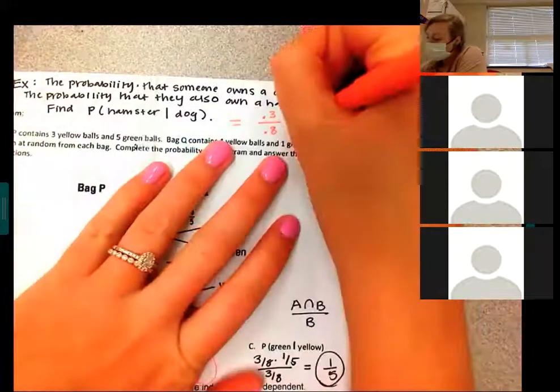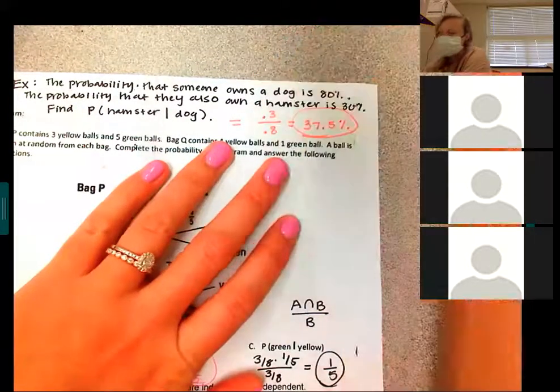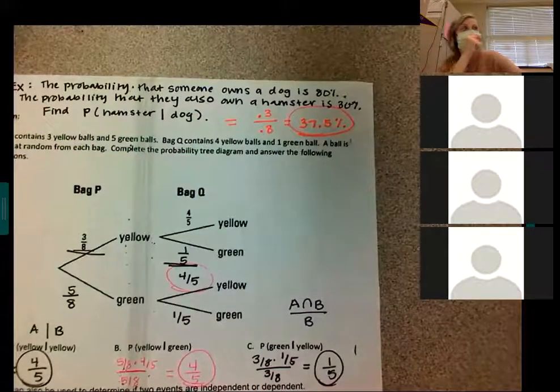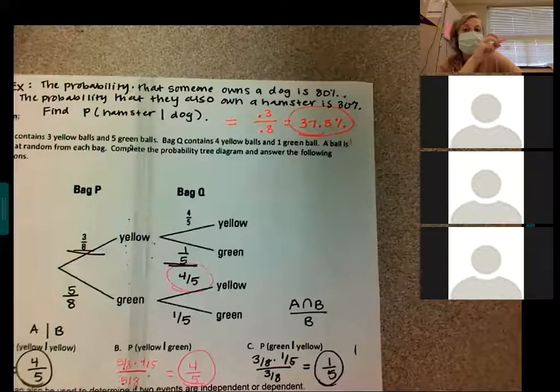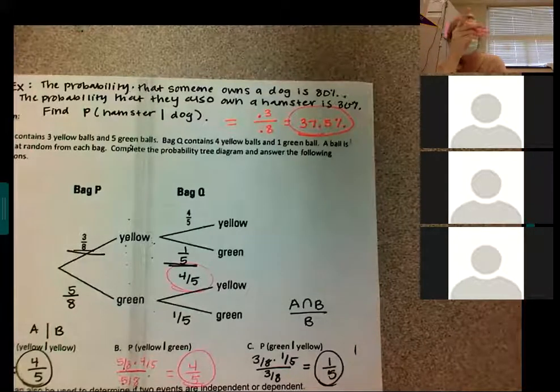Then the answer for hamster given dog would be 37.5%. If anybody wants to see how you would do the Venn for that, you can hang back after I'm done in a second and I can show you, okay? But in all honesty, that's way faster if you know that formula. So as long as they don't give you the diagram, you can use the formula.